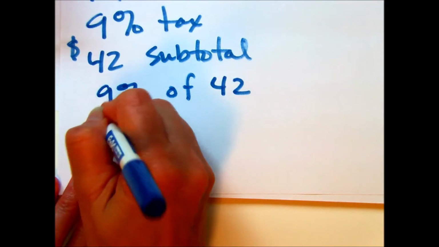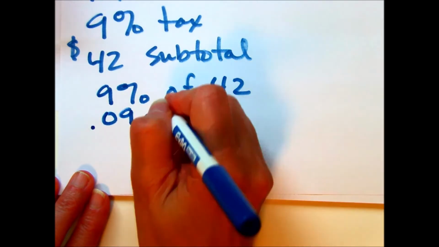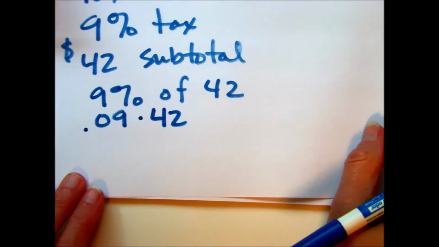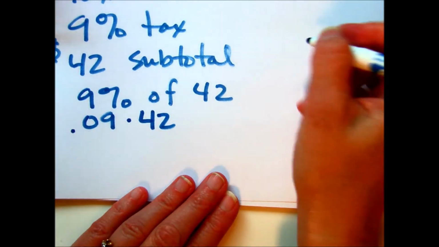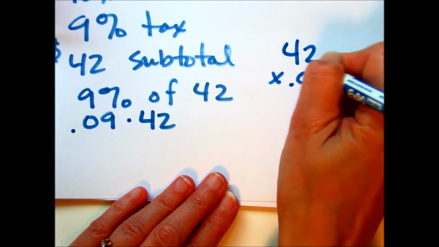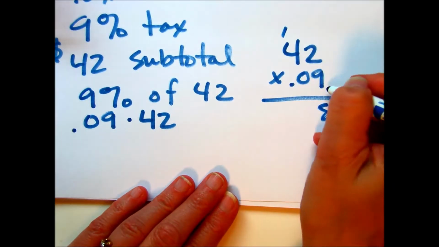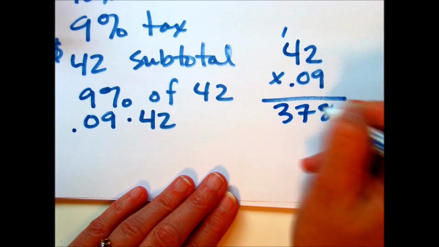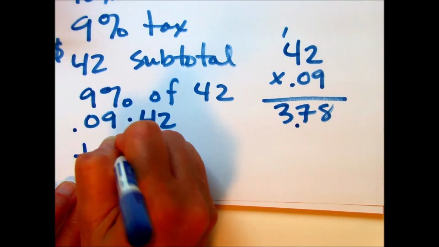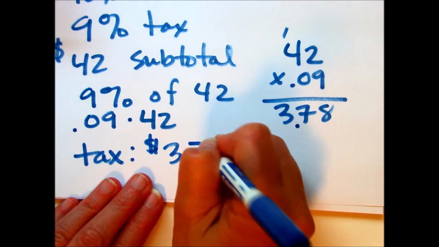Again, I'm going to convert that to a decimal, make the of a multiplication symbol, and then bring down my 42. And then I'm just going to multiply, and so my tax amount is $3.78.